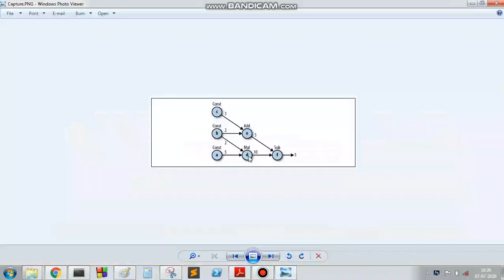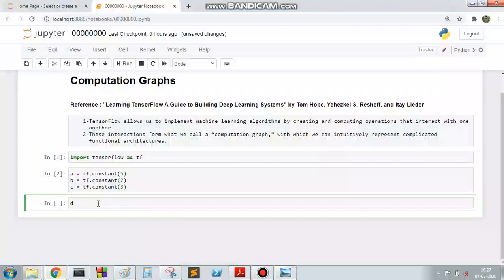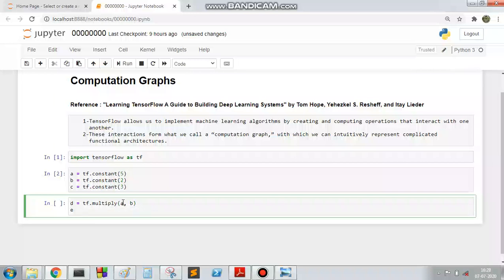D is a node which stores the value after performing a multiplication over B and A, and E is a node which will store the value after performing an addition over C and B. So let's first create D and E. D is equal to tf.multiply over A and B. This is our D. Now what is E?